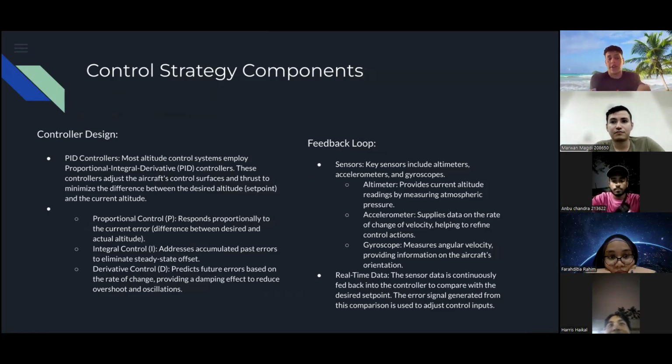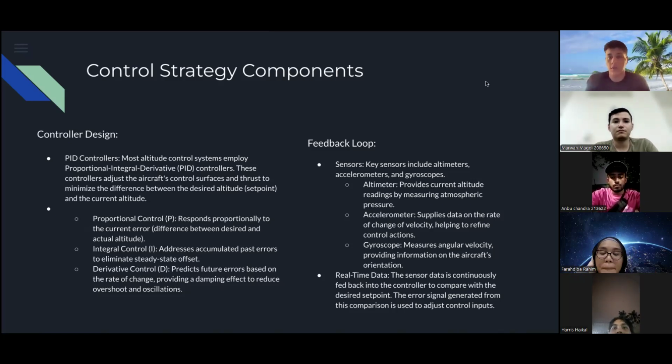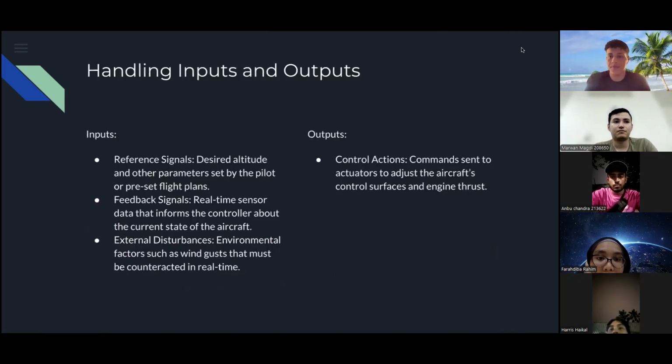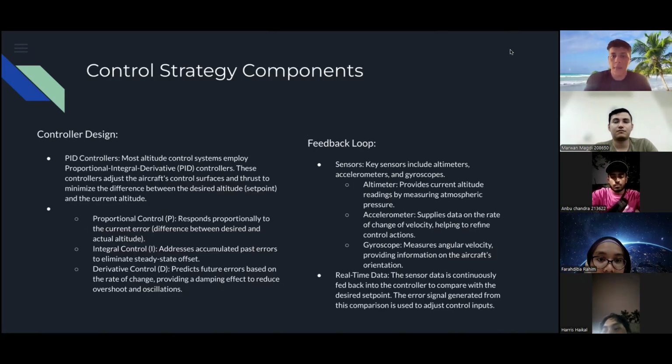These adjust the aircraft's control surfaces and thrust to minimize the difference between the desired altitude, which is the set point, and the current altitude or the cruising altitude. I've just written a couple of definitions on each term of the PID controller, but we can move on to the feedback loop. Sorry.